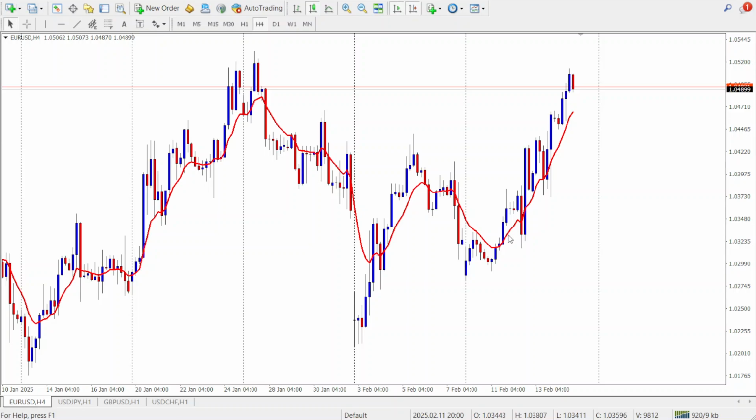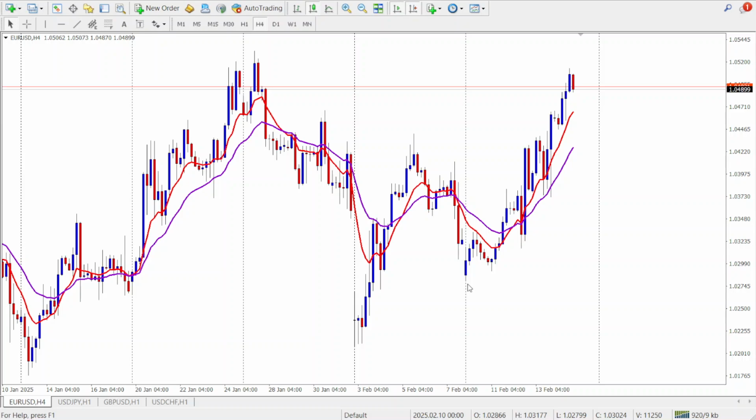Then for our medium-term moving average, which acts as a trend filter, helping traders identify whether the price is respecting a trend, we're going to be using the 21 EMA. I just have to change the color for easy identification.